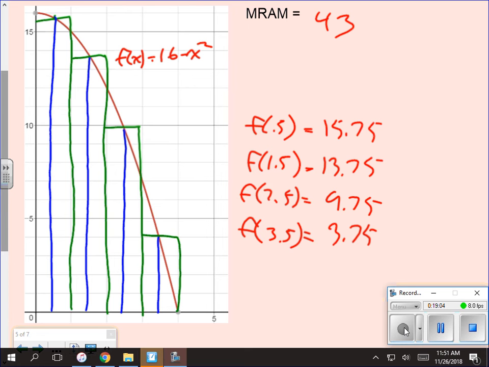So I got 43. The exact value, using methods you will learn, is 42 and 2/3. Wow.